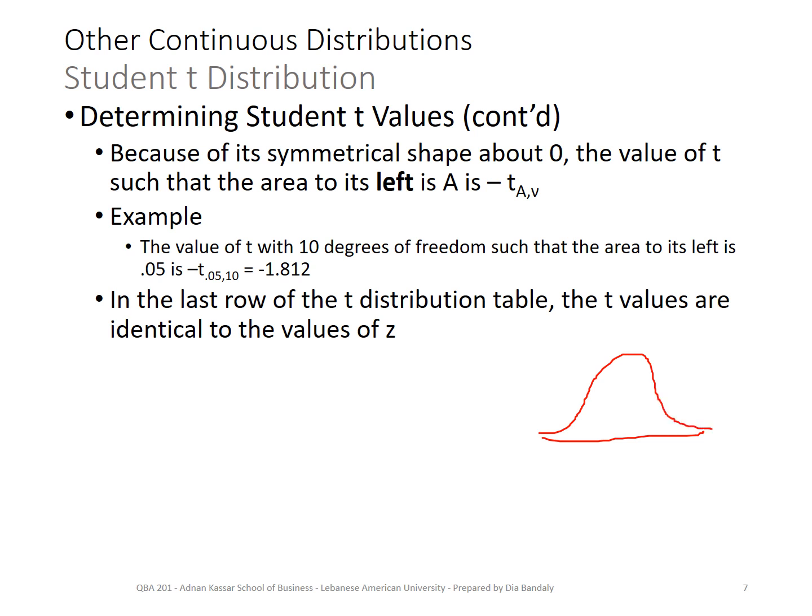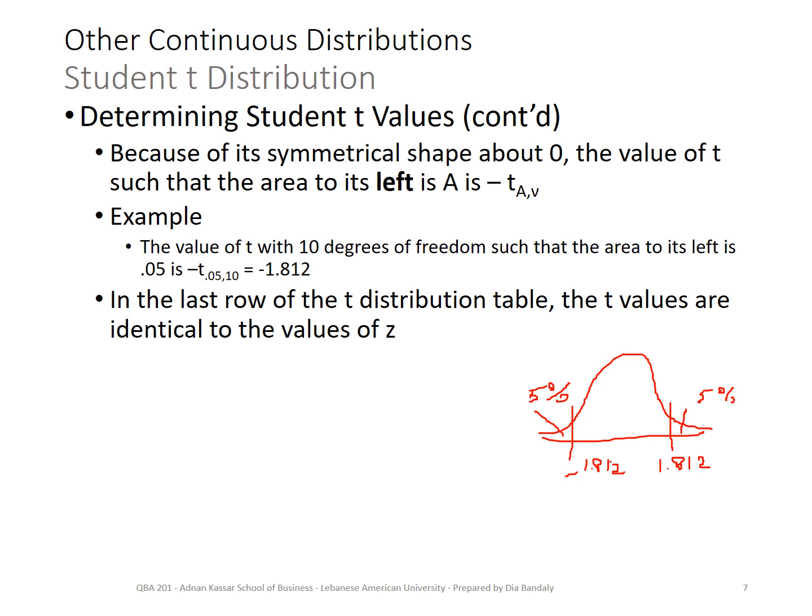It's very bad, but bear with me. If this is 1.812, this is a t-value such that this area here is 5%. Which means there is a symmetrical one, so a minus 1.812, such that the area on the left-hand side will also be equal to 5%. The symmetry characteristic is a very important one.